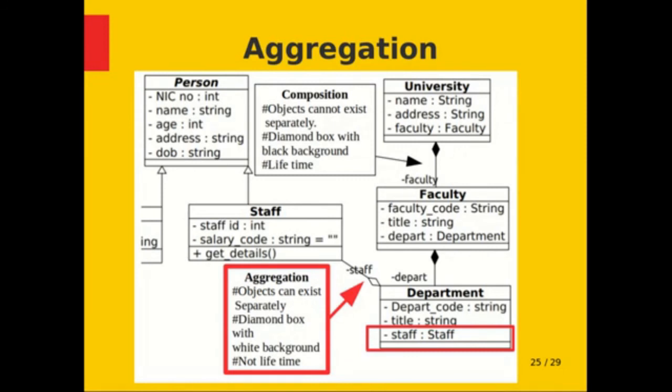The aggregation relationship is denoted by a line with a white-background diamond. This is a one-to-many relationship. One side is department and the many side is staff. The white-background diamond is headed to the one side, that is, department.